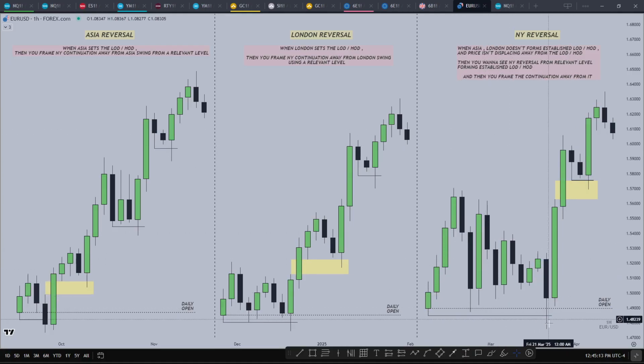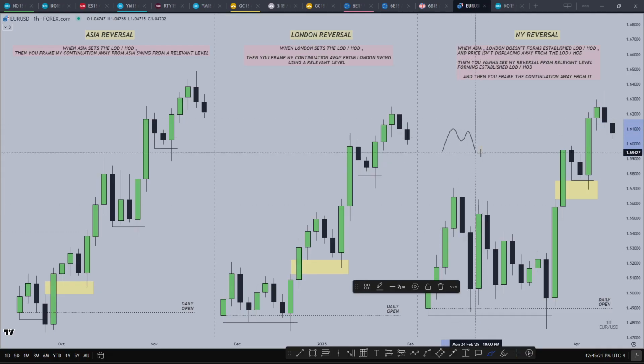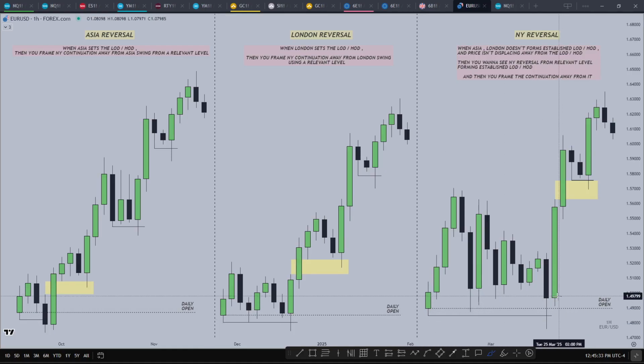And so New York first manipulates and forms an established low below daily open and then displaces away from it. Like this, New York manipulates, then forms continuation to the objective. It forms an established low below here, below the current low of the day, unestablished low, daily open. Then you frame these, which is my model basically.